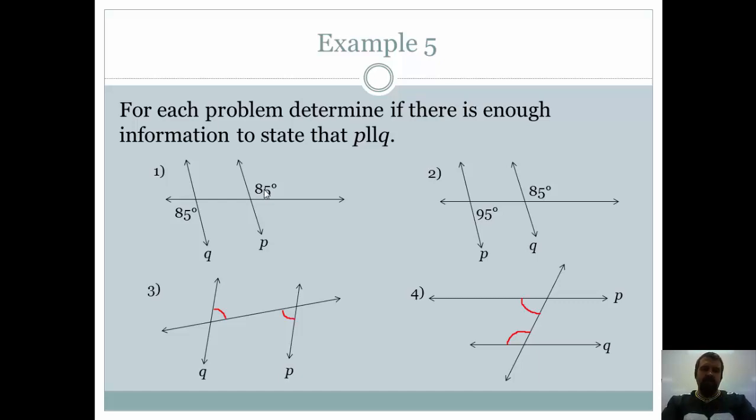So, if those two have to be congruent, that means they have to have the same measure. Are 85 degrees and 85 the same measure? Well, yeah. So these two here are congruent. Those two lines are parallel. For number 1, parallel.